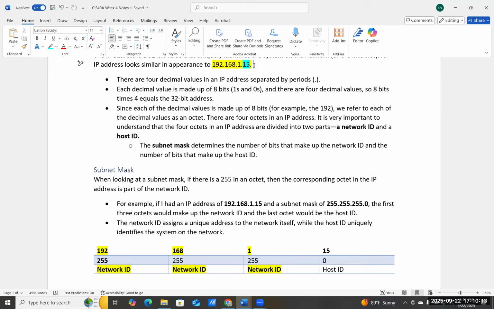So the subnet mask represents the area of the network that it needs to reach. You will always see the subnet mask represented by the 255 value and the 0. 255 means all the bits are on, and we will see this when we do the conversion.